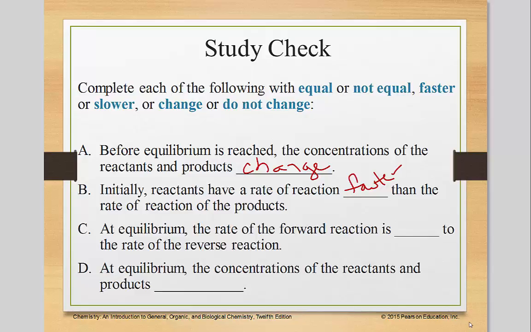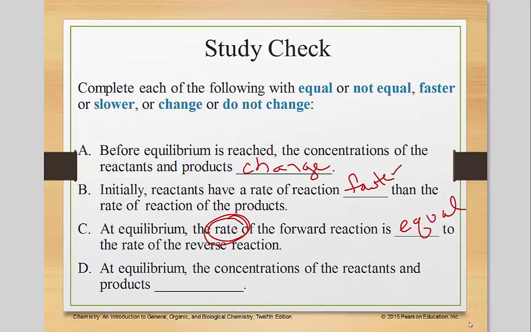At equilibrium, the rate of the forward reaction is equal, and that's where that term equilibrium comes from, to the rate of the reverse reaction. We're talking about the rate of the reaction, not the concentration. Chances are you're going to have more products than reactants at the end. It's the speed at which it happens that we're looking at for equilibrium.